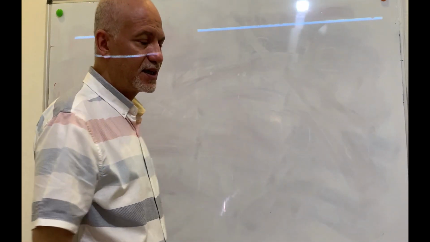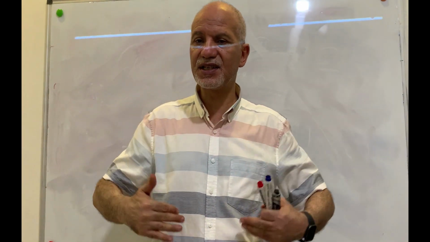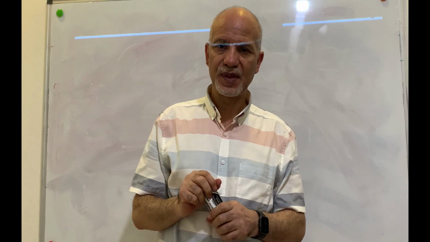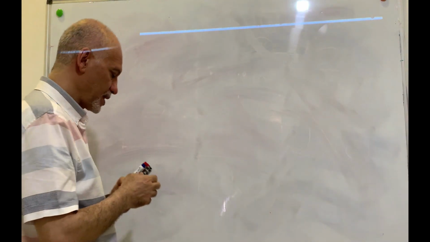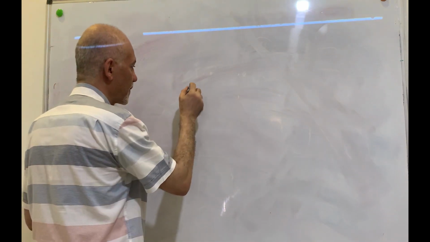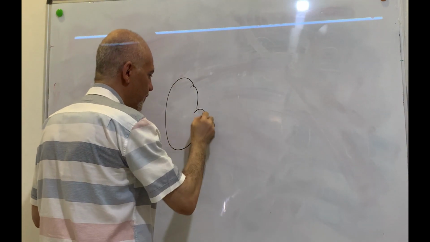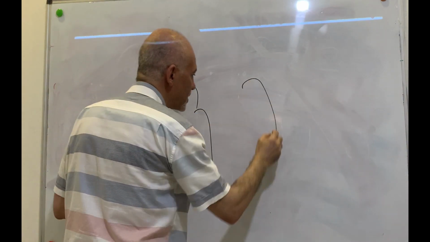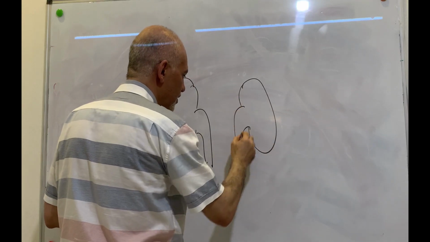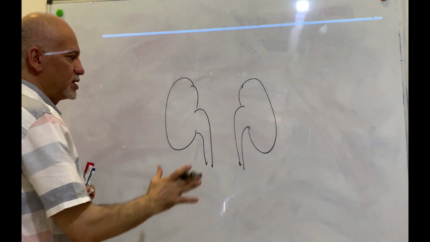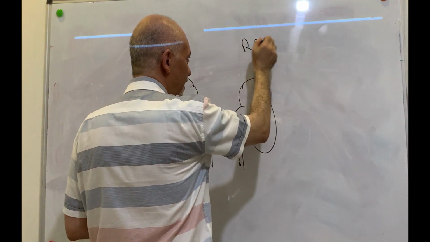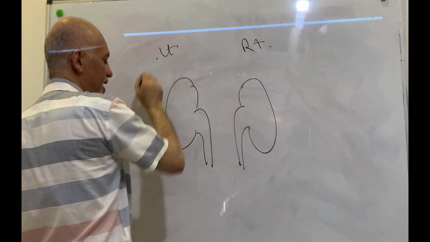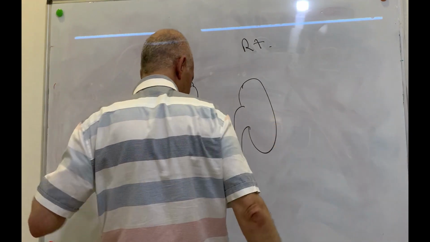Relations of the kidney: relations in front of the kidney and relations on the back of the kidney. We start with posterior relations. This diagram is from the back. This is the right kidney from the back, and this is the left kidney from the back.